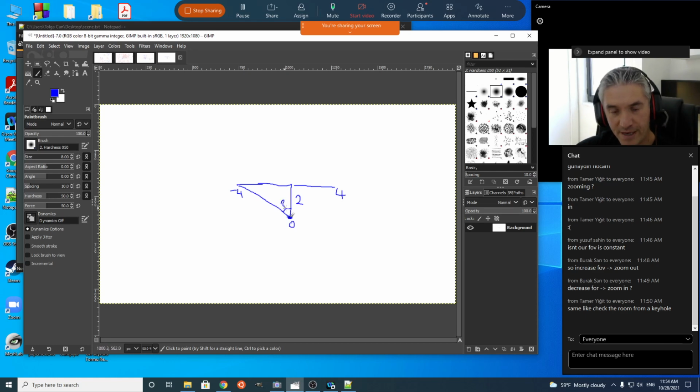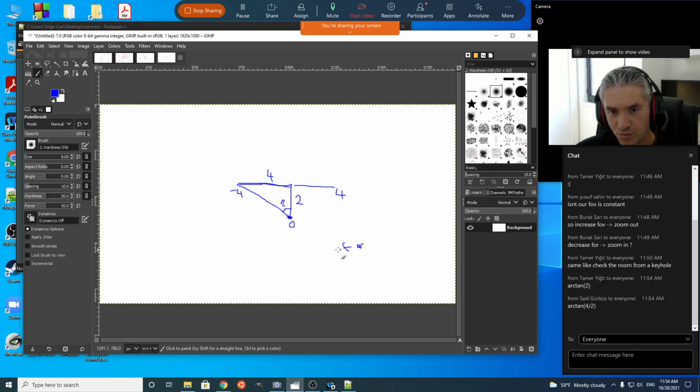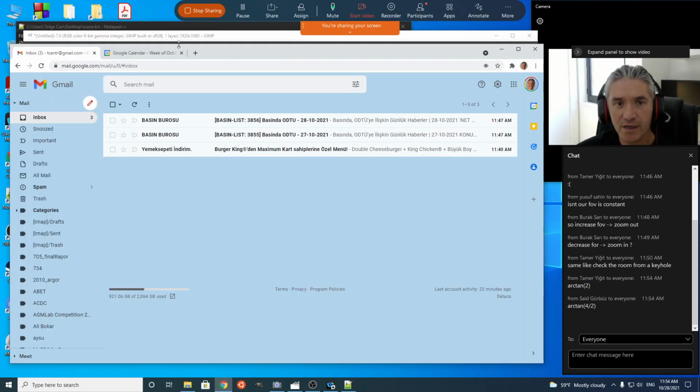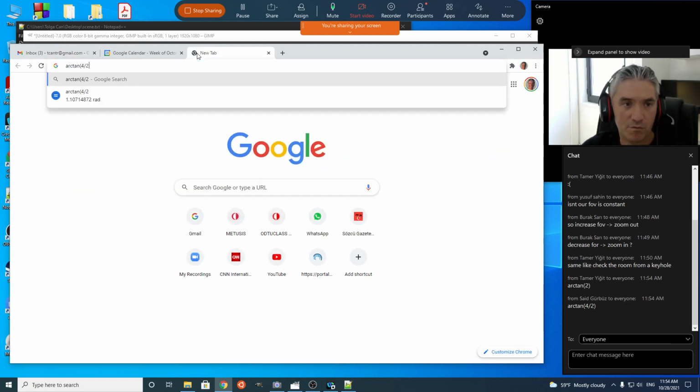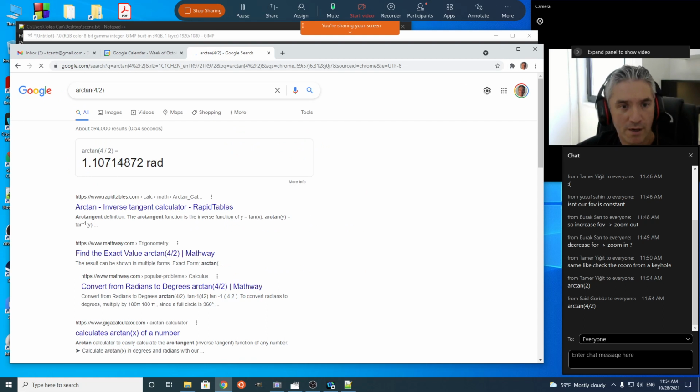How can we find this? This is 4, this is 2. It is the arctangent of 4/2, right? Yeah, exactly. So let's write it in Google. Arctangent 4/2, which is 1.1 radians.